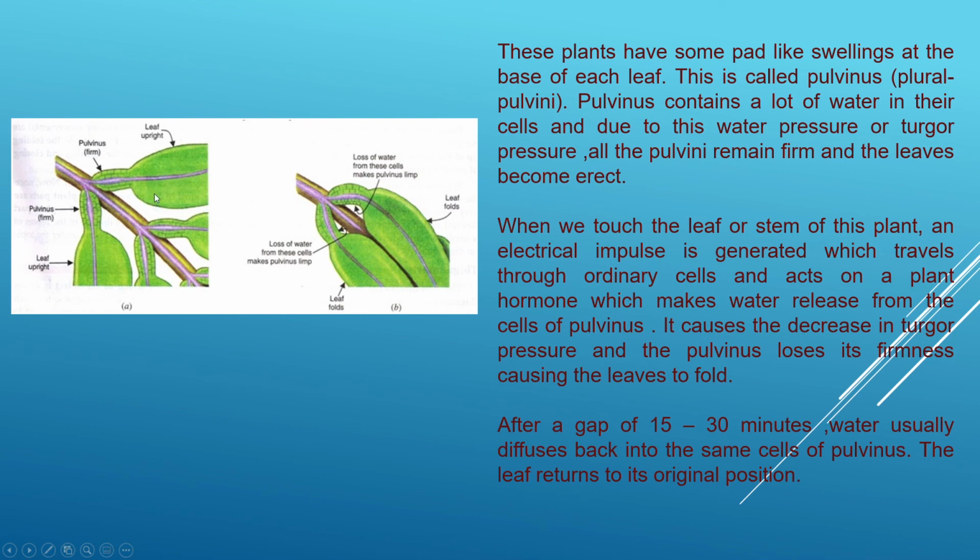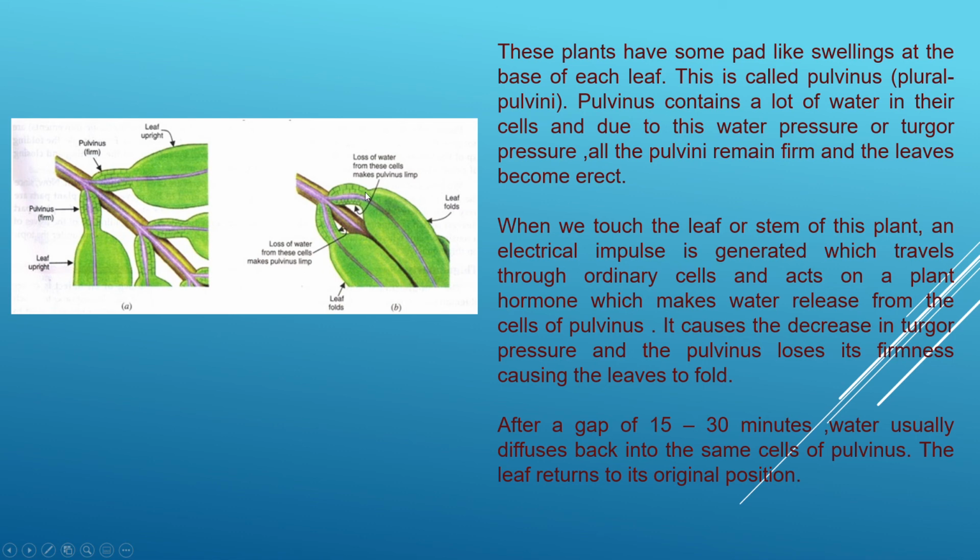But when we touch the leaves, an electrical impulse is generated, and this electrical impulse travels through the ordinary cells from the leaf cells to the pulvinus.